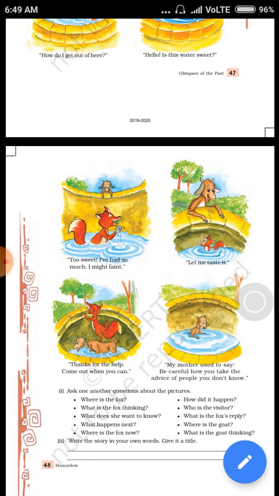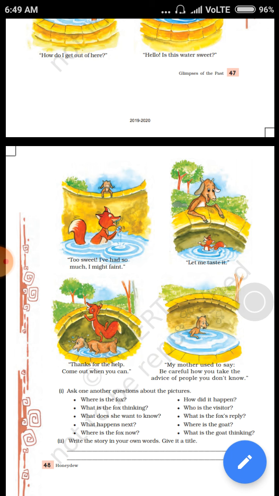Then the goat jumps into the water of the well, says, let me taste it. When the goat comes into the well, in the next picture, you can see the goat is drinking water.